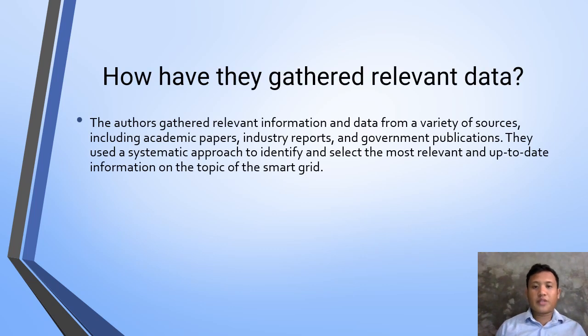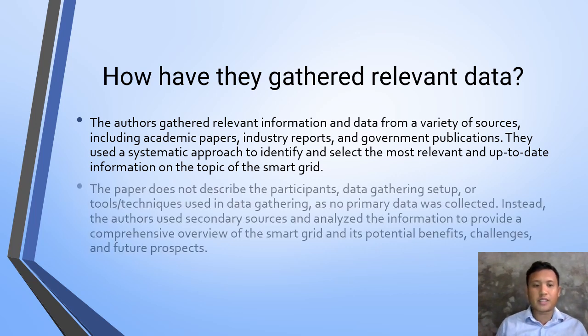So how have they gathered relevant data? As I have read this paper, I have concluded that the authors gathered relevant information and data from a variety of sources, including academic papers, industry reports, and government publications. They used a systematic approach to identify and select the most relevant and up-to-date information on the topic of the smart grid.